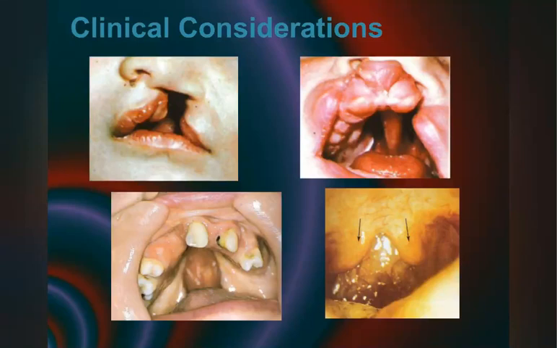Here are some clinical examples of facial clefts. Here you see it's not in the midline. It's not symmetrical. This is called unilateral cleft lip. So the lip is clefted on the side.